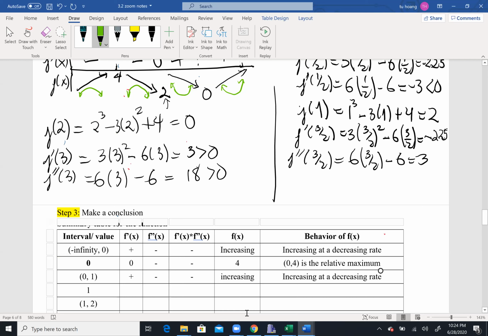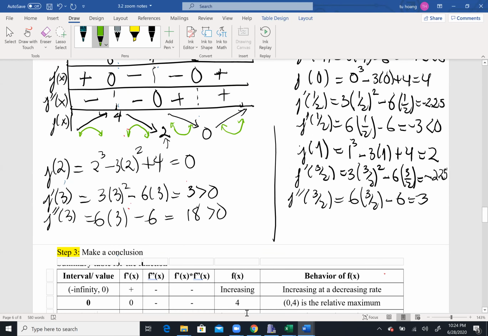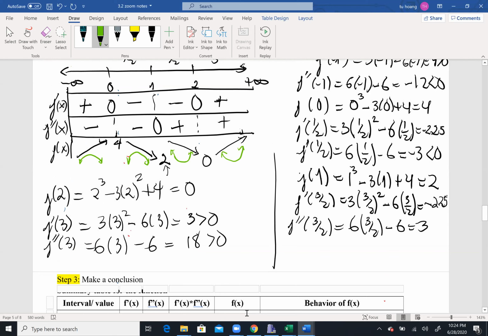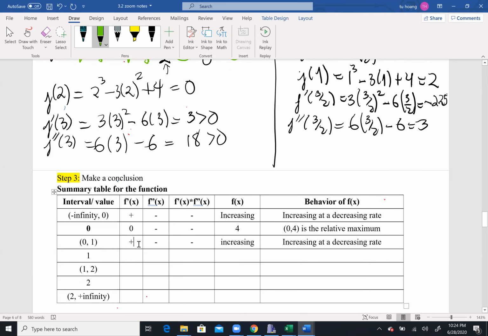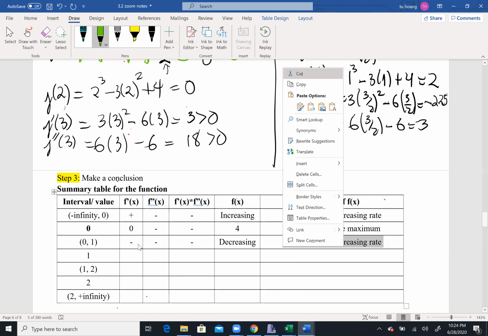Okay, let me see. Yeah, same thing. Okay, so now I'm going to move to the next interval. So it says 0, 1. I know that from 0 to 1, the first derivative is negative. The second derivative is also negative, so I'm going to put negative, negative, and then the product negative, and then this would be decreasing, and the last one is behavior.